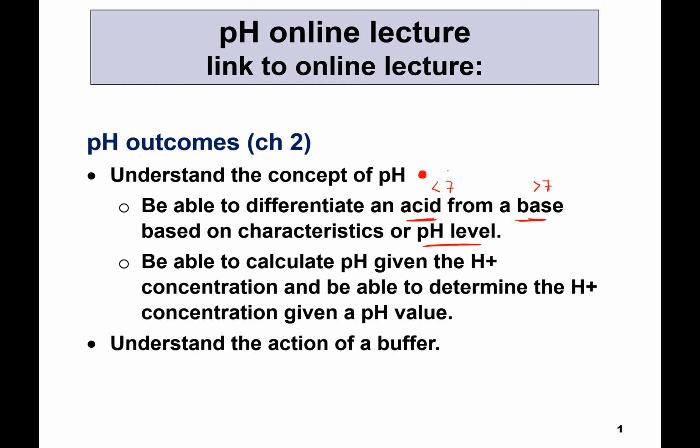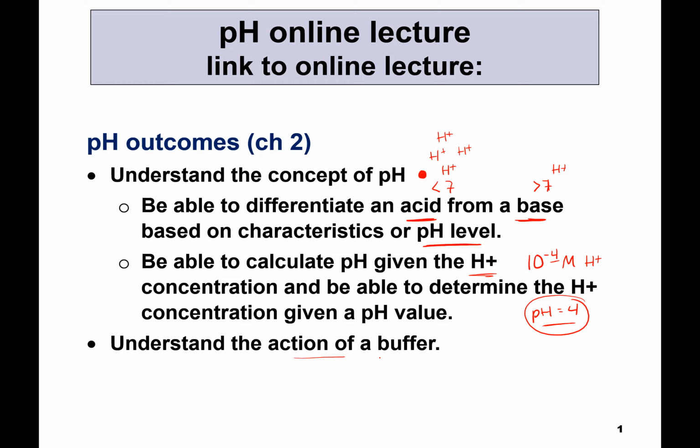This means that there's more hydrogen ions, and this means that there's less hydrogen ions. Be able to calculate pH given the hydrogen ion concentration, right? So if I say there's 10 to the minus 4 molar H plus, then you know the pH is 4. And vice versa. If I tell you there's a pH of 4, you know that the hydrogen ion concentration is 10 to the negative 4 molar.